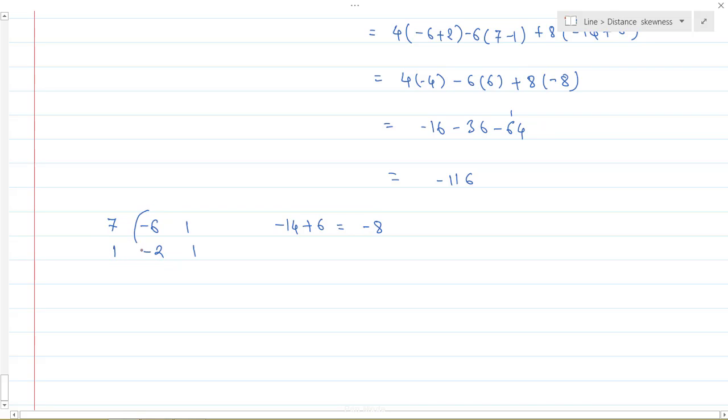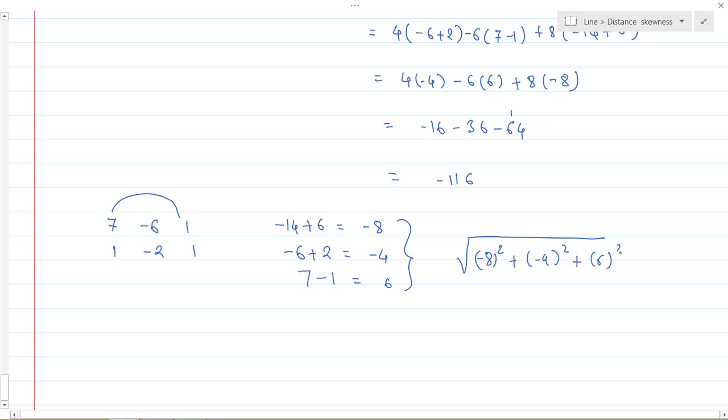Next is minus 6 plus 2, which is minus 4. Next is 7 into 1 minus 1, which is 6. So the denominator is the root of minus 8 squared plus minus 4 squared plus 6 squared, which is the root of 64 plus 16 plus 36, equal to the root of 116.